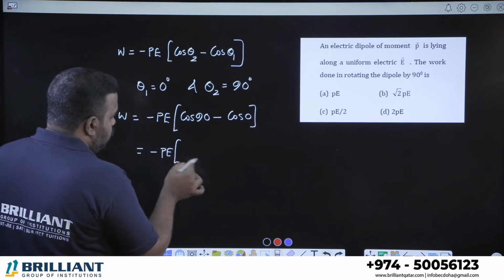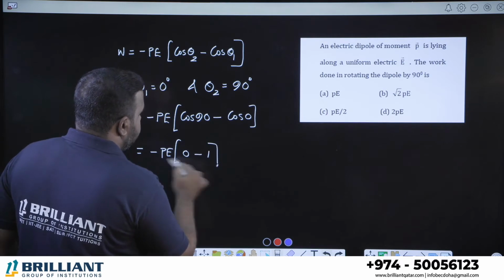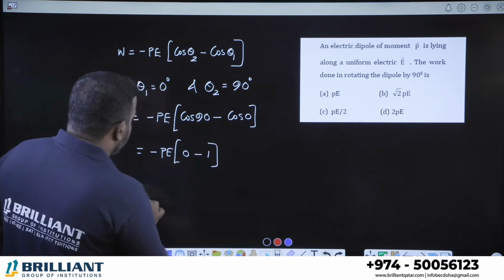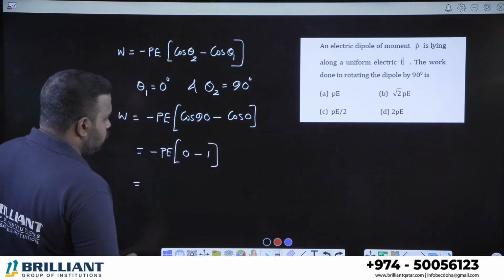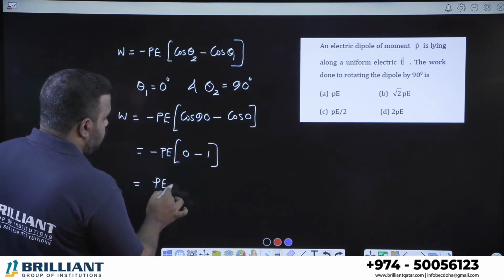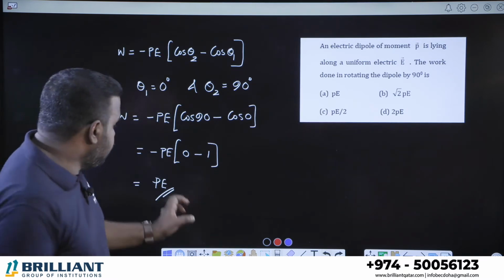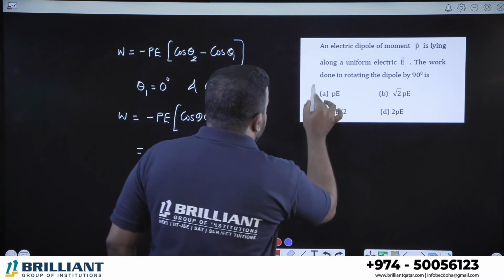Cos 90 is equal to 0. Cos 0 is equal to 1. So what we get? Minus P into 0 will be 0 and minus P into minus 1 will be P. PE. That's it. So the answer is PE. Option A.